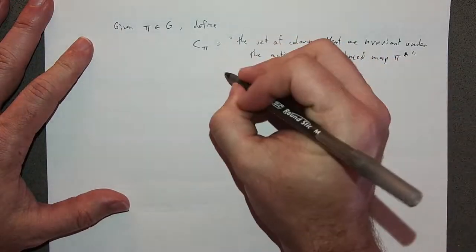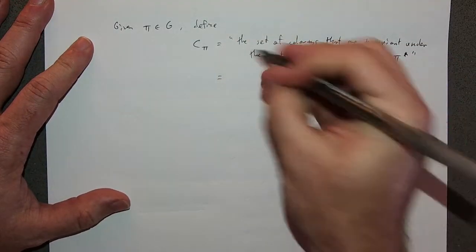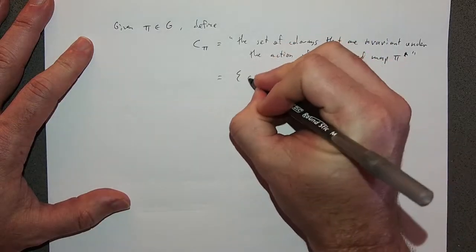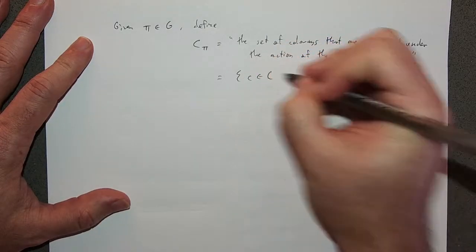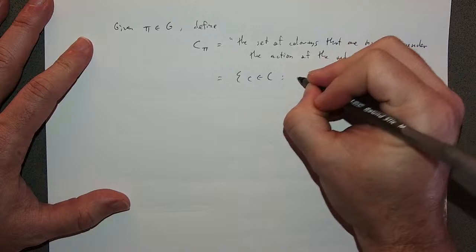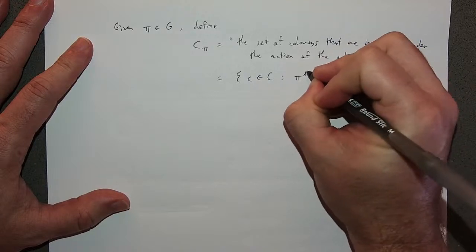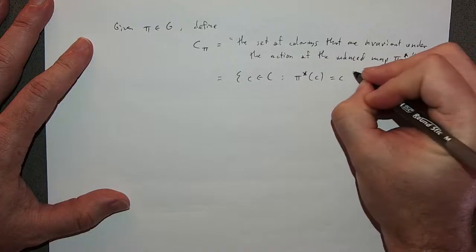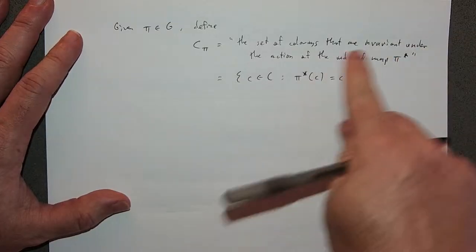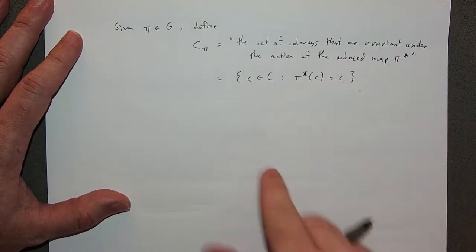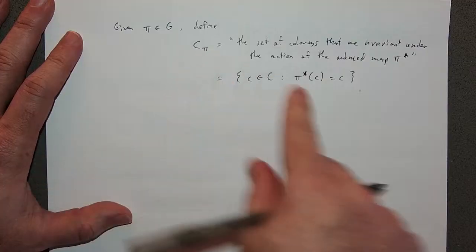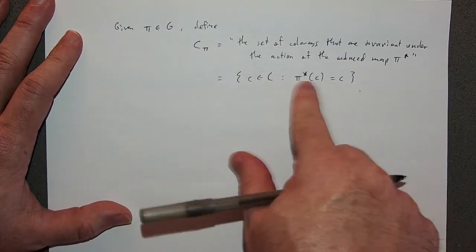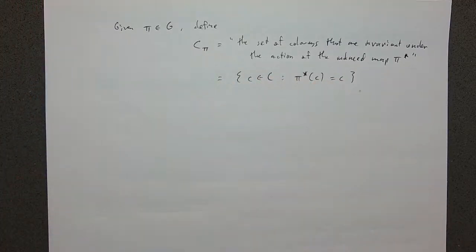So what is this? If I write it using set builder notation, this is the set of colorings c in C such that pi star of c is c. That's what we mean by it is invariant under this action. So for this permutation pi, you're looking for all colorings that pi star fixes.